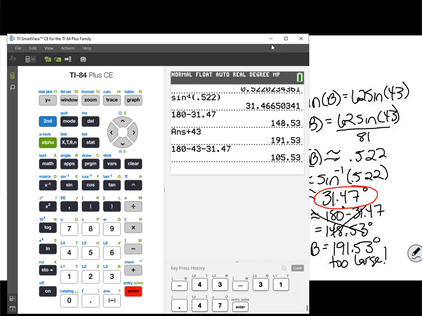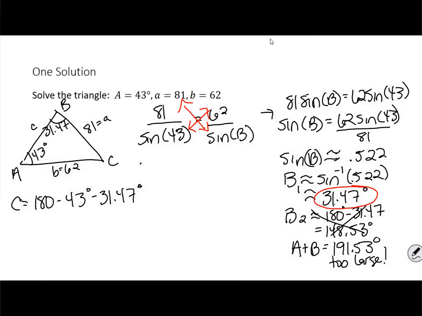Okay, so that ends up being 105.53 degrees. All right, so there's angle C.